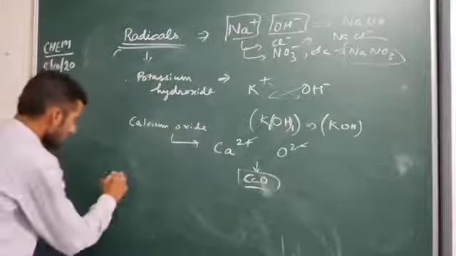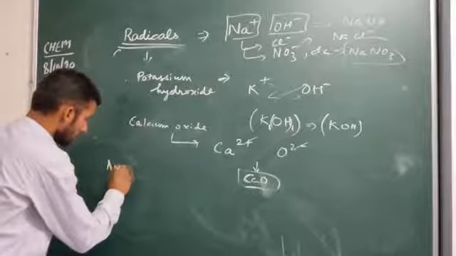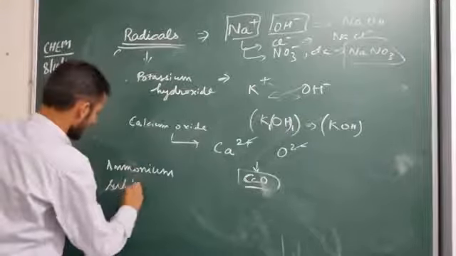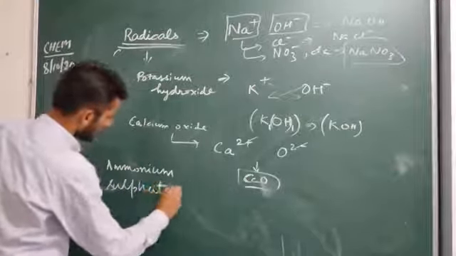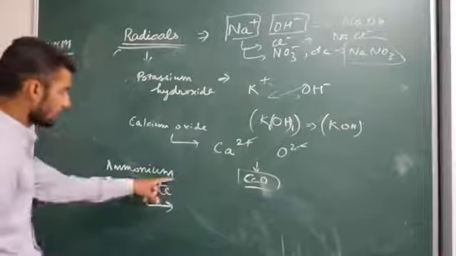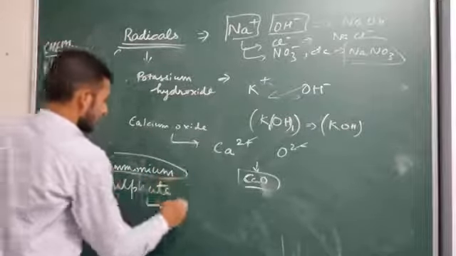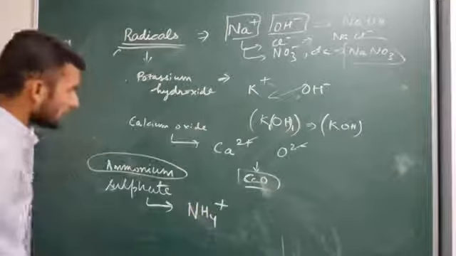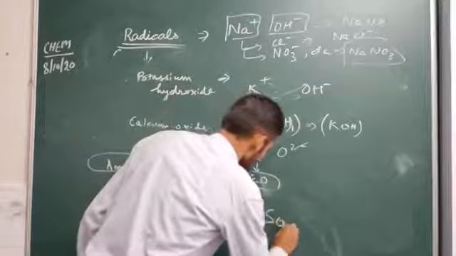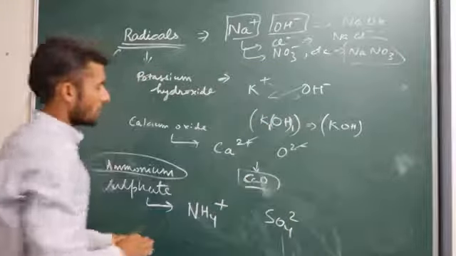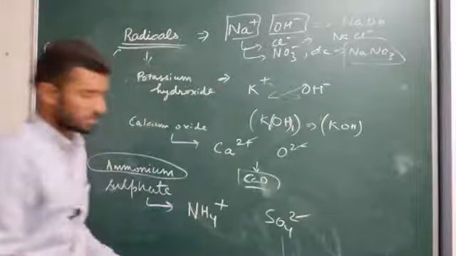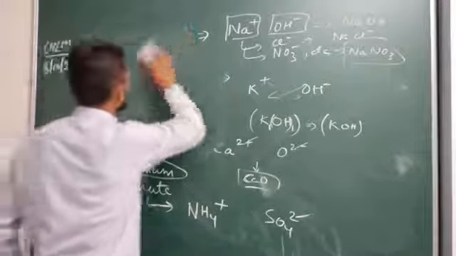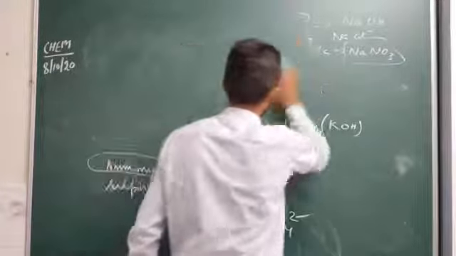Similarly, if we want to see ammonium sulfate, ammonium is a positive ion, basic radical, NH4 positive. Sulfate is an acidic radical, SO4 2 negative. So SO4 2 negative and NH4 positive will combine together, and on combination we will get the resultant compound, that is ammonium sulfate.